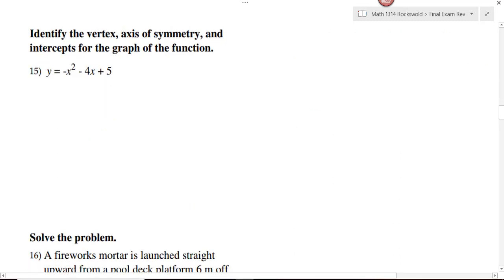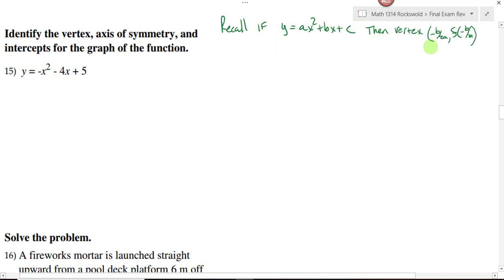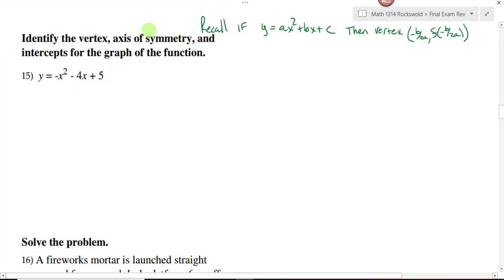On number 15, we're asked to find the vertex, the axis of symmetry, and the intercepts for the graph of the function. If you have a quadratic function written in the form y equals ax squared plus bx plus c, the vertex is at -b over 2a, f of -b over 2a. So for this problem, what would a be equal to?